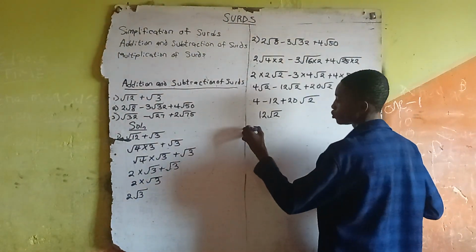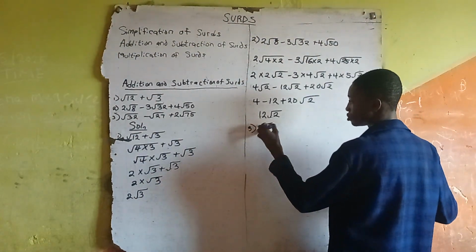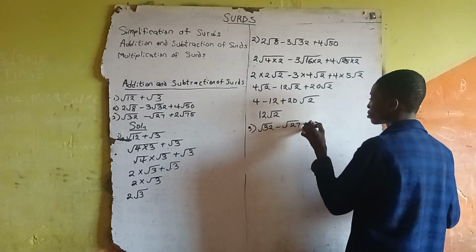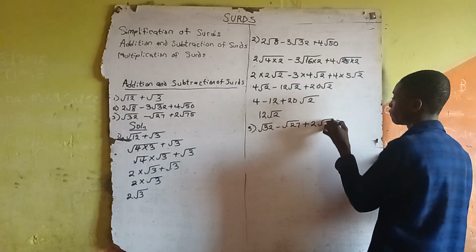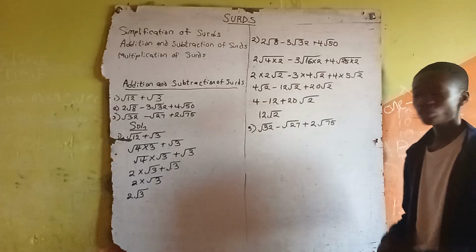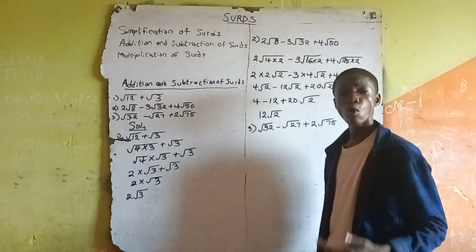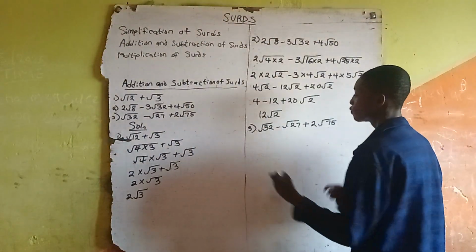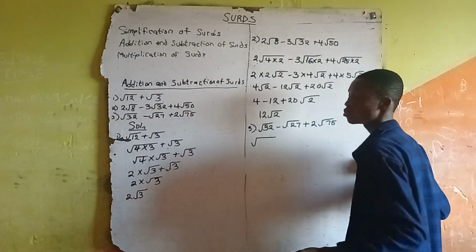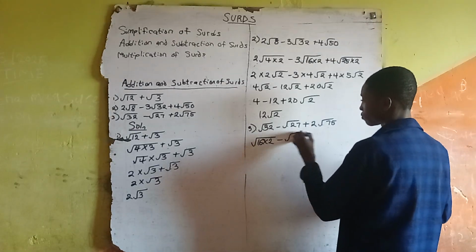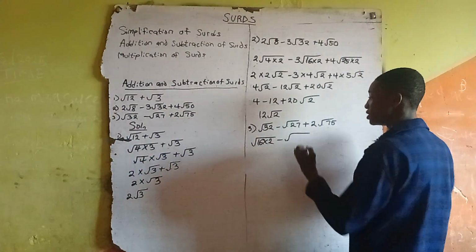Let's move to the third question. Root 32 minus root 27 plus 2 root 75. This is the question. Like I said the other time, you're going to look for two numbers, one that you can square root and the other that you cannot. For 32, we are going to do 16 multiplied by 2. Minus, for 27 we use 9 times 3.